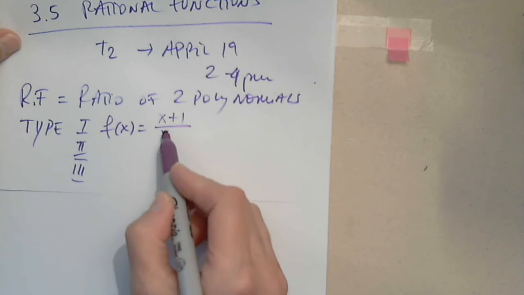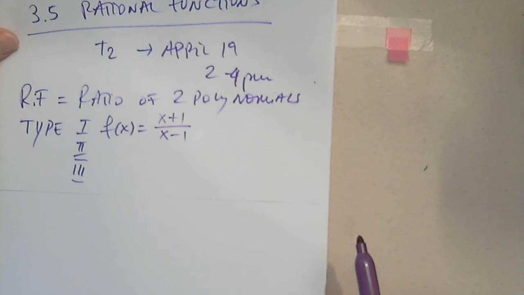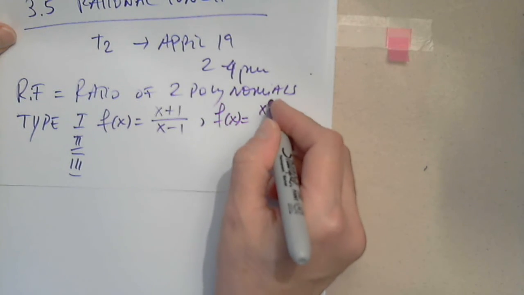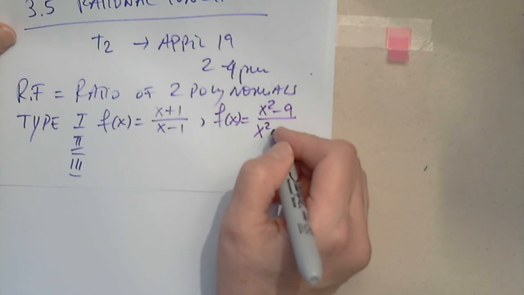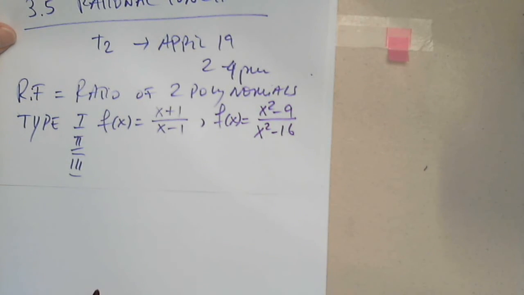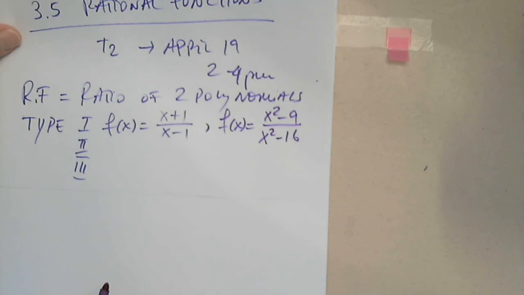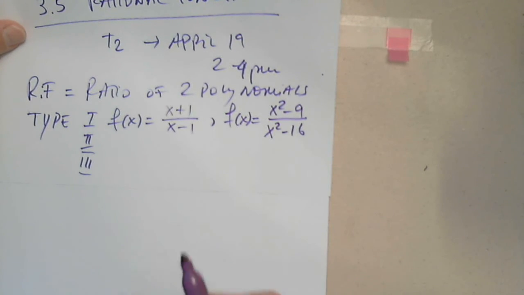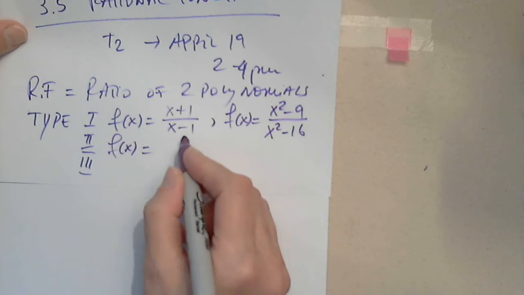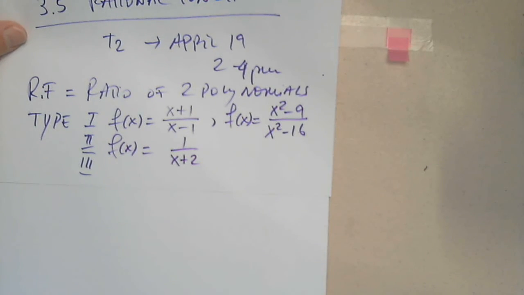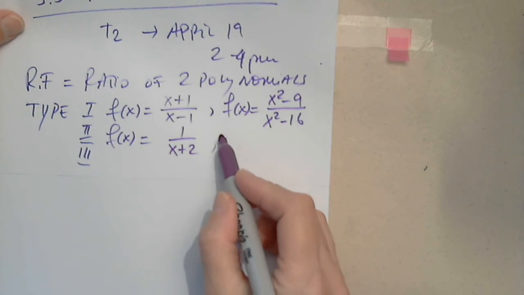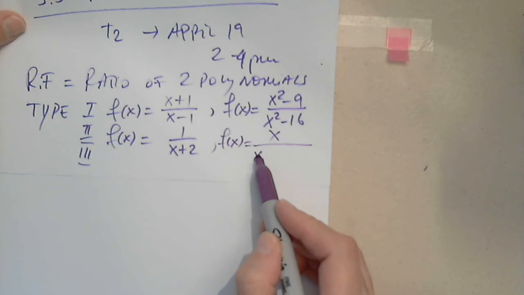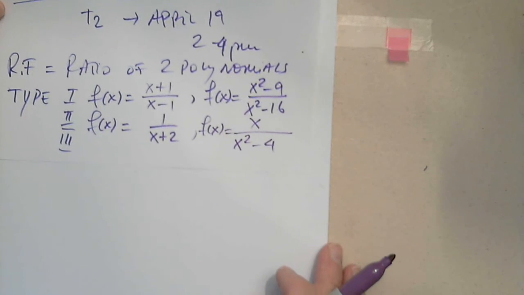Okay, type 1. Let's say x plus 1 over x minus 1. Let's say x squared minus 9 over x squared minus 16. Type 1. Type 2. Let's say f of x equals x over x plus 2. And another example, x over x squared minus 4.